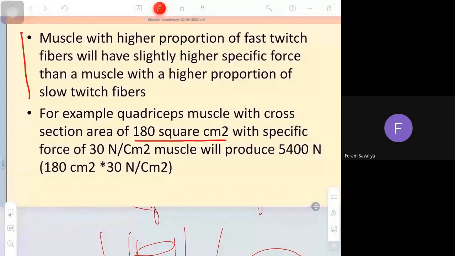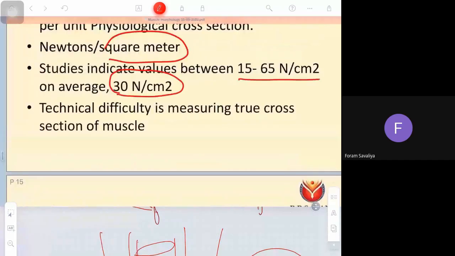So, if you take a quadriceps muscle, okay, please mute. If you take a quadriceps muscle with cross-sectional area 180 square centimeter with specific force of 30 Newton per square centimeter. This 30 Newton per square centimeter, where it came from, we already discussed. This is an average value.